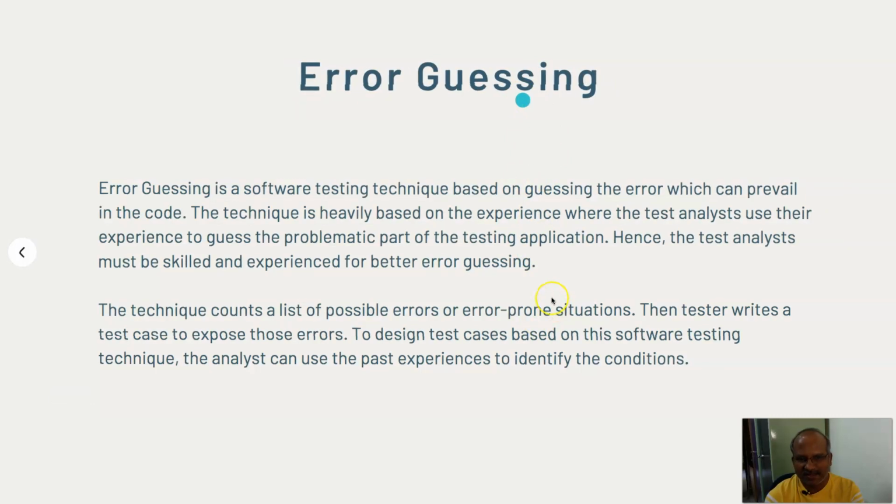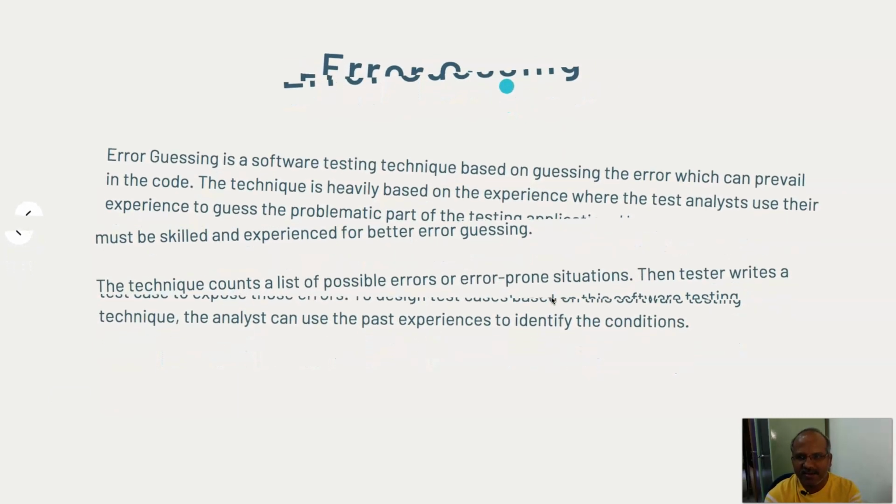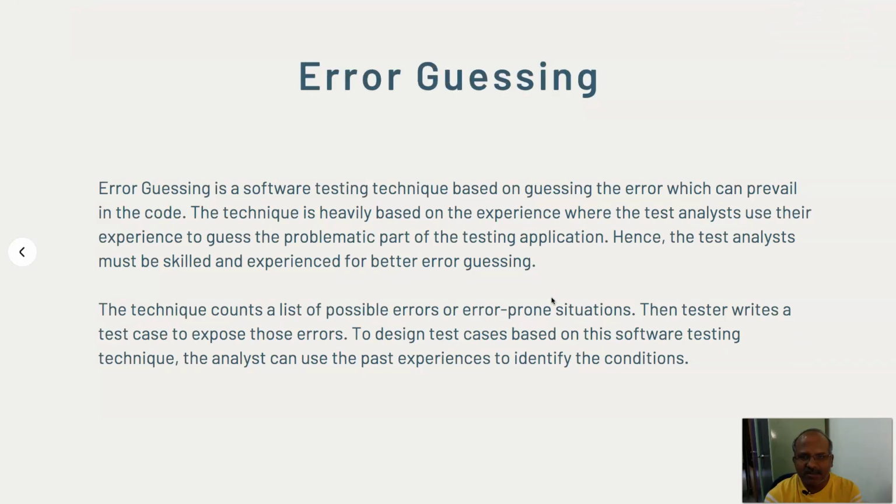Then I have error guessing. This is the last technique, called error guessing. This is a software testing technique based on guessing the errors which can prevail in the code. It is heavily based on experience, where test analysts use their experience to guess the problematic parts of the application under test. This is more for an experienced tester who has domain knowledge and can guess where the application has errors and where the problems will come out.